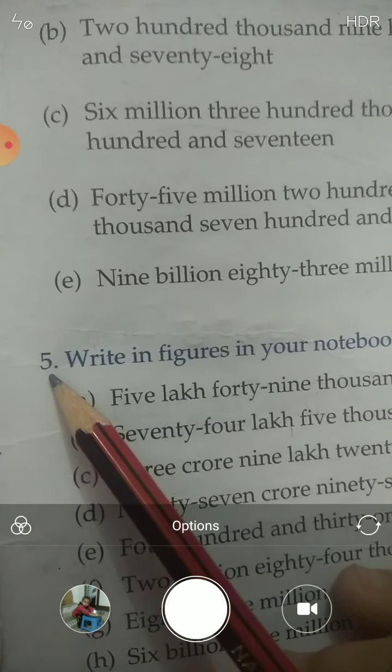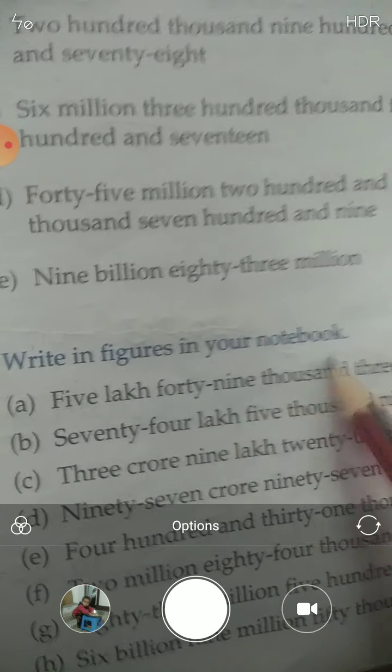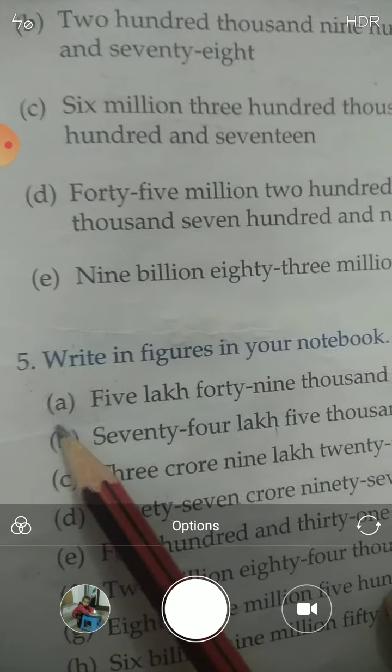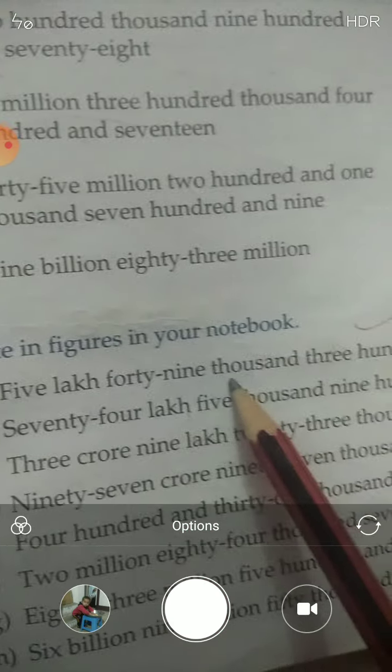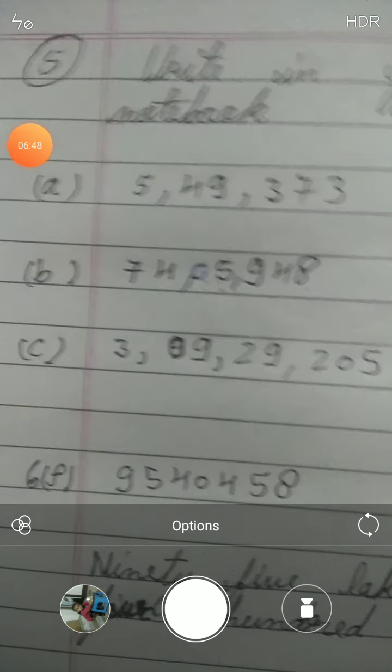What is given in 5? Write in figures in your notebook. In A part, 5,49,373. How will you write this?